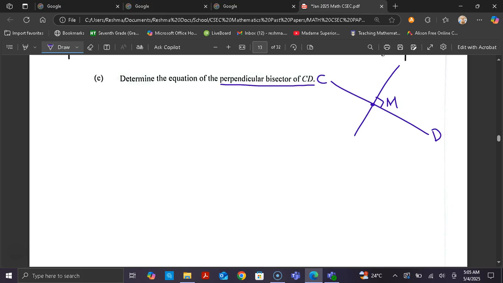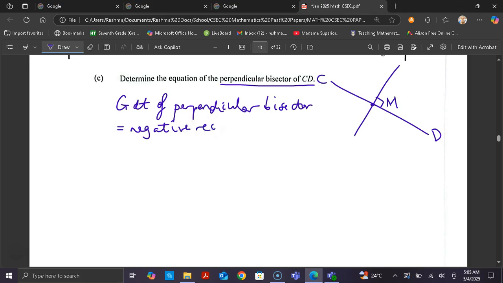So we know the relationship between 2 perpendicular lines is that the product of their gradients is -1. So the gradient of the perpendicular bisector will be the negative reciprocal of the gradient of CD. Right, so gradient of perpendicular bisector is equal to the negative reciprocal of the gradient of CD.